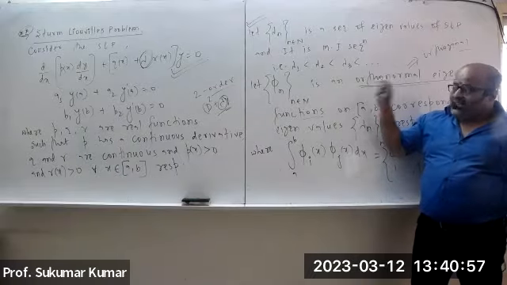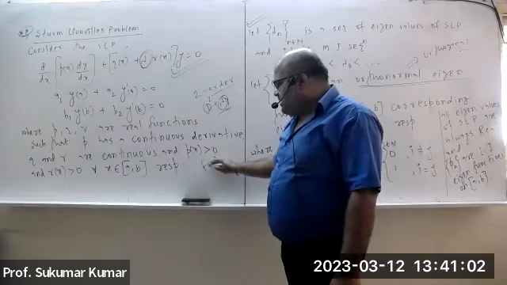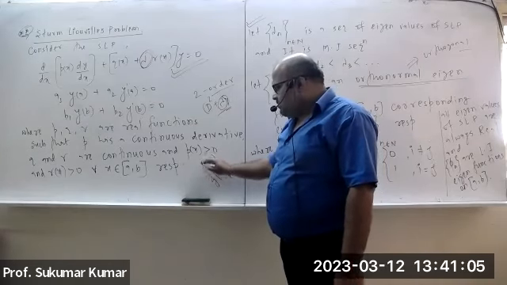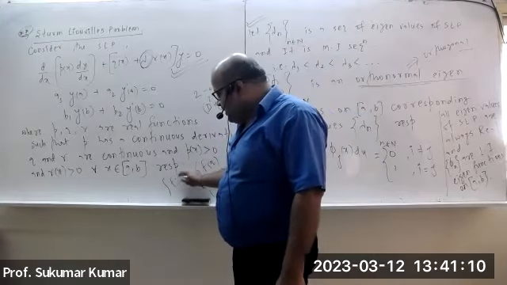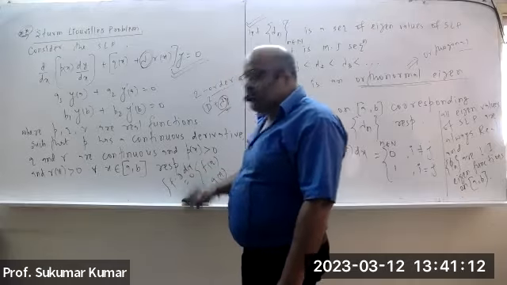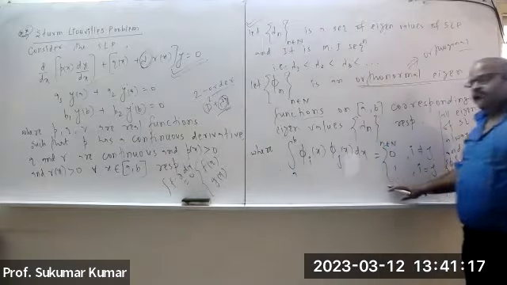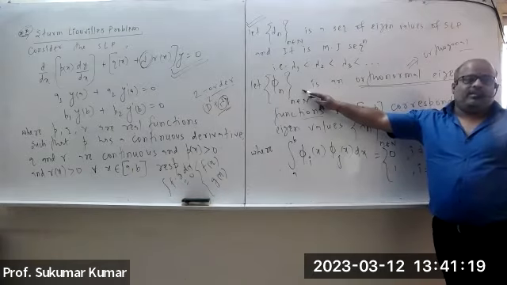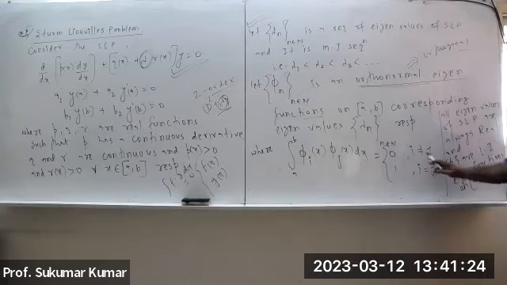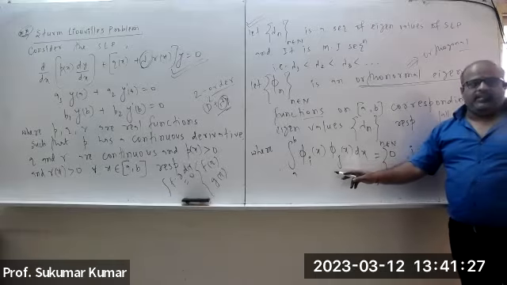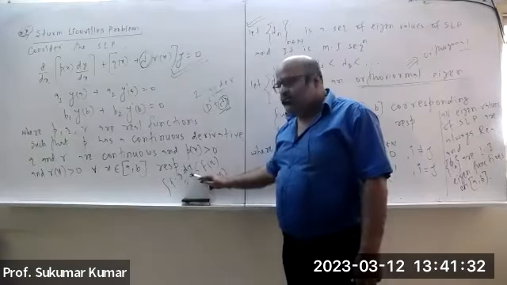Like that with functions: if you have two functions f of x and g of x that are orthogonal to each other, their integration has to be zero. Here we verify orthonormality: taking distinct eigenfunctions, integrating, zero has to come, so both are orthogonal.